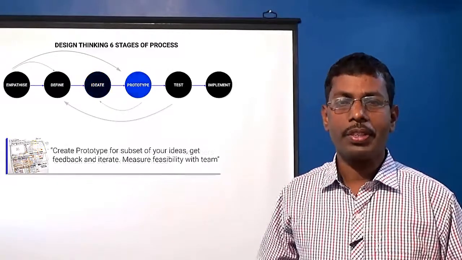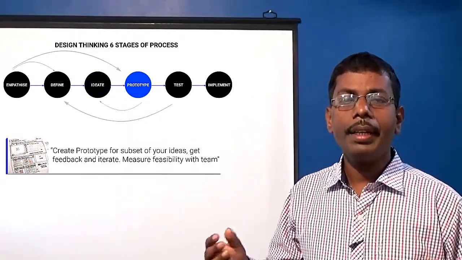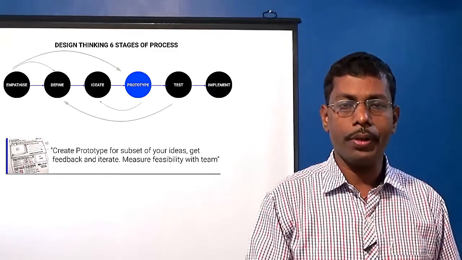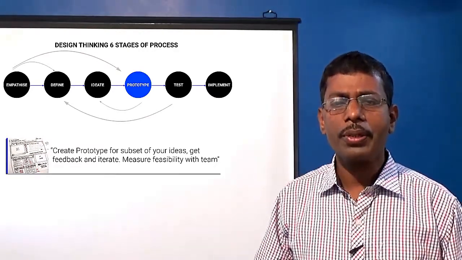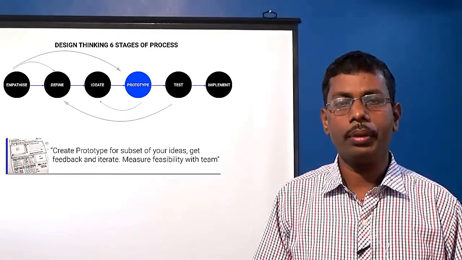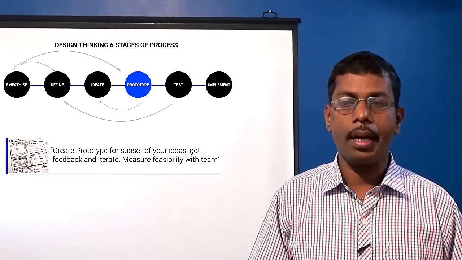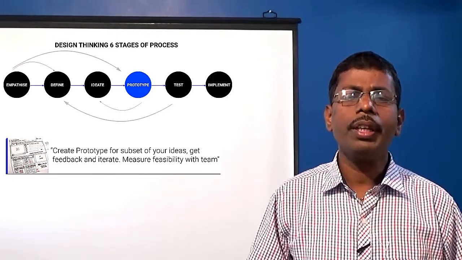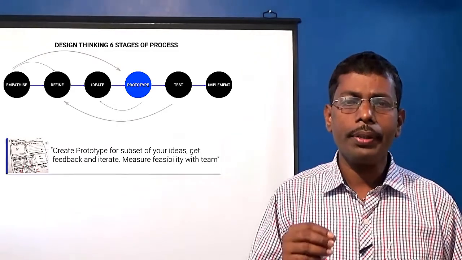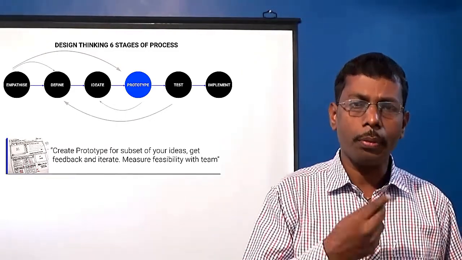The next phase is prototype. We create a real and tactile representation of a subset of your ideas. The goal of this phase is to understand which components of our ideas work and which don't by putting them into real design. In this phase, you begin to weigh the impact and feasibility of your ideas through feedback on your prototype.